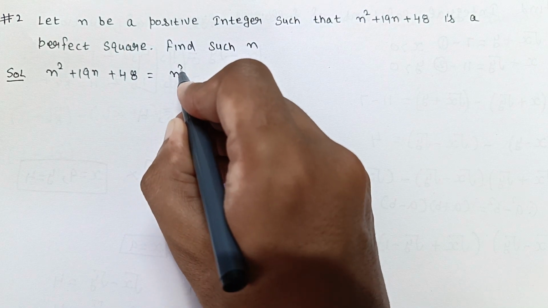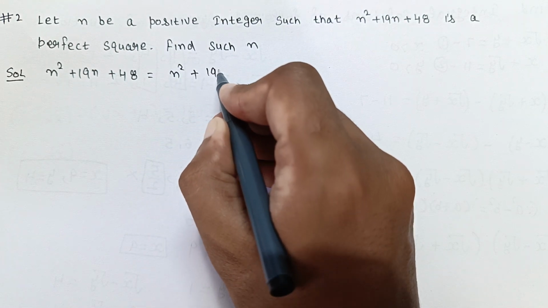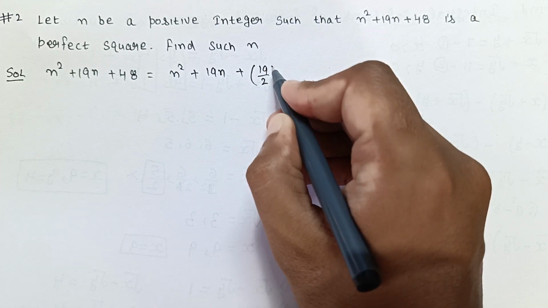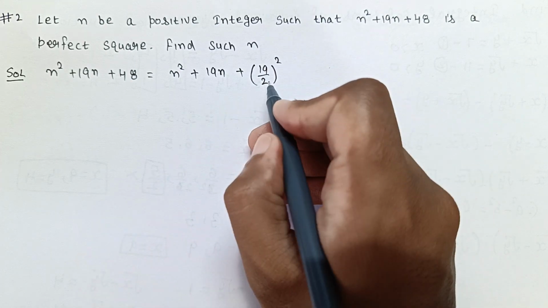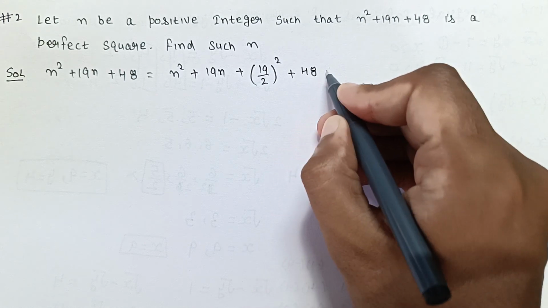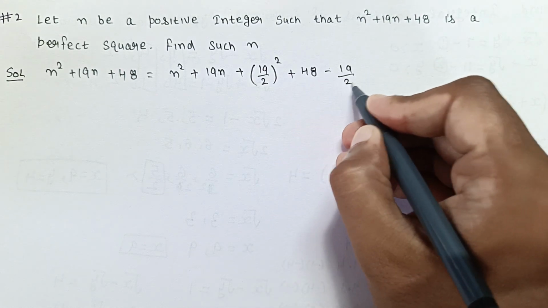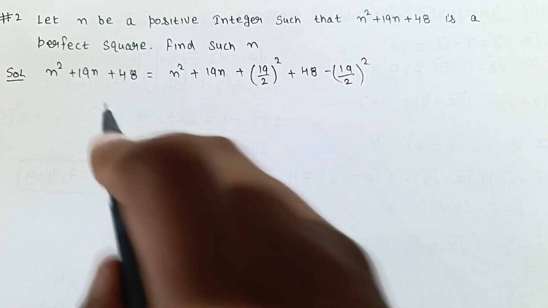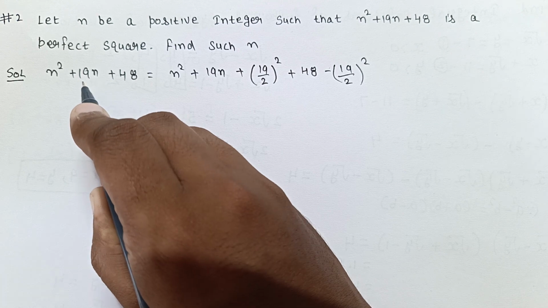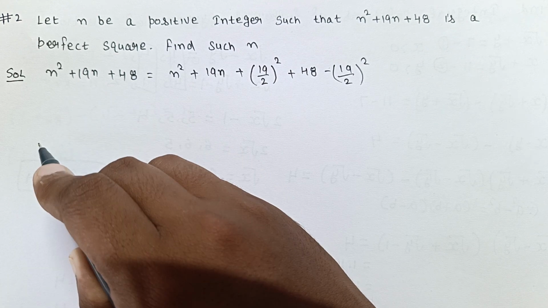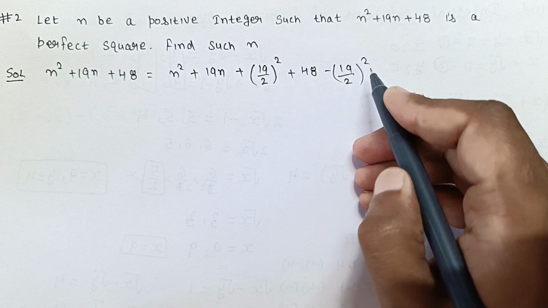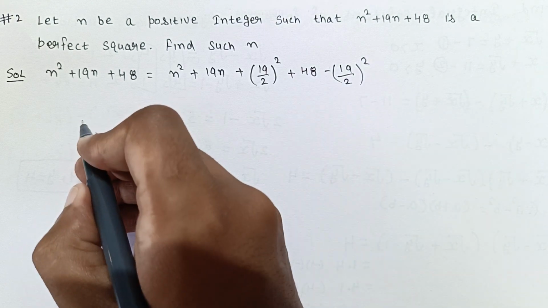We divide it by 2 and square it. We add this square and also subtract this square. So we take the coefficient of n, divide it by 2, take its square, and add and subtract it.